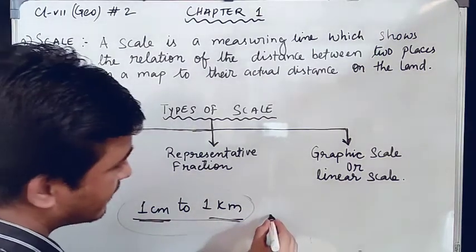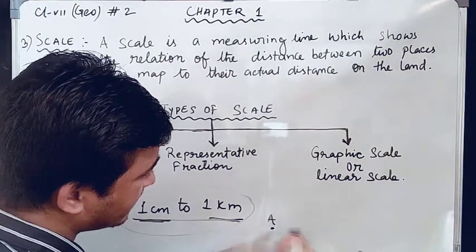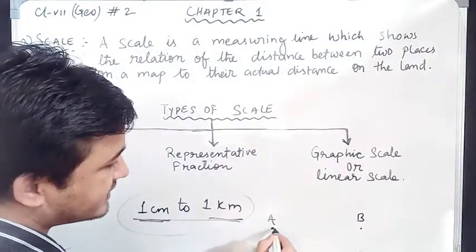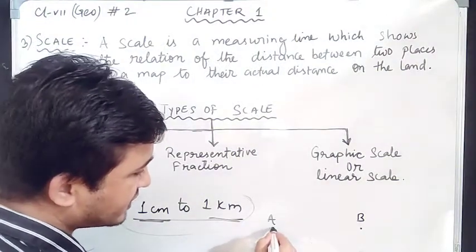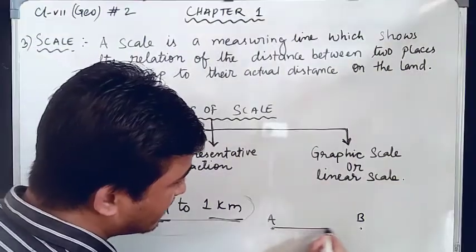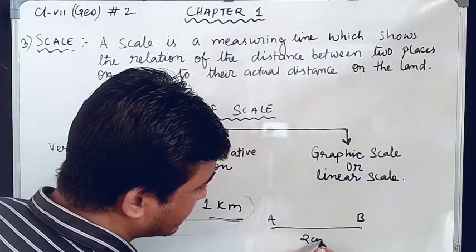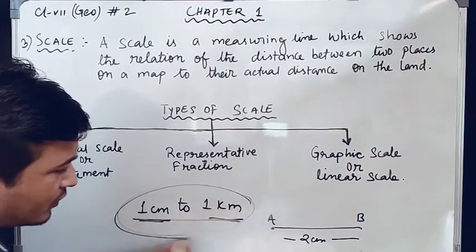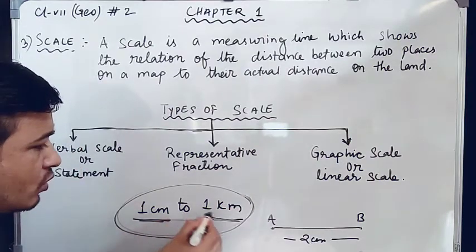Suppose here we have station A and station B, and on the map the distance between station A and station B is how many centimeters? 2 centimeters, and the scale of your map is 1 centimeter to 1 kilometer.